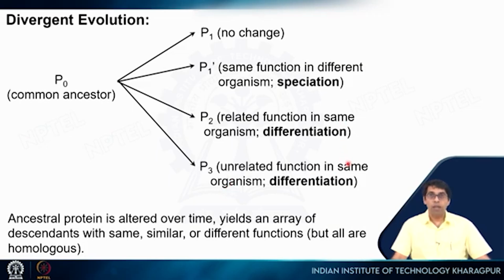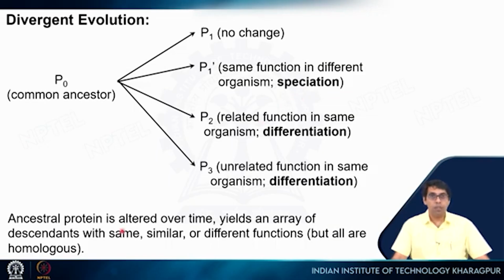These two are in the same organism. These two proteins originate from the same ancestor, however, they have gained so many mutations that they can now perform either a related function or a very different function. This will be differentiation. In this other case, this sequence will be slightly different from this, but they perform the same function in a different organism. So this will be speciation, right?